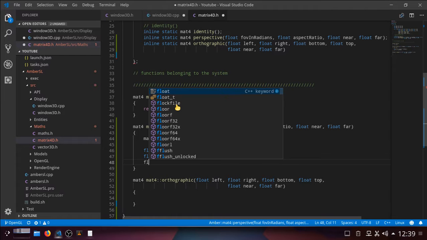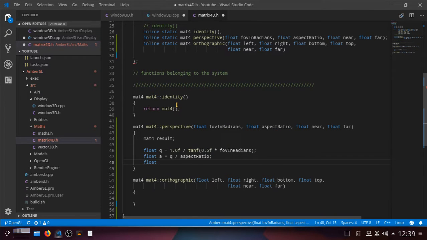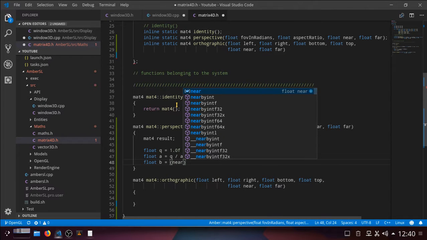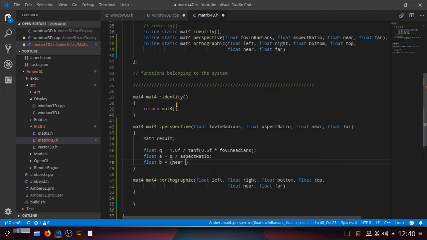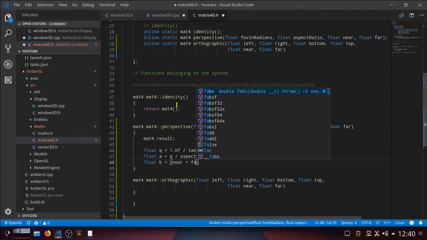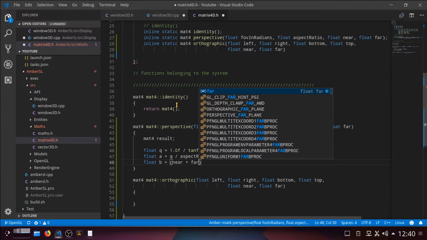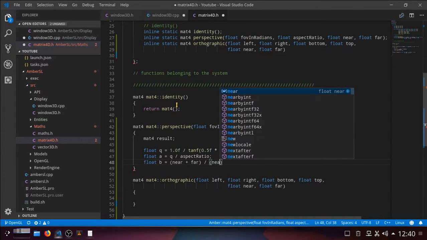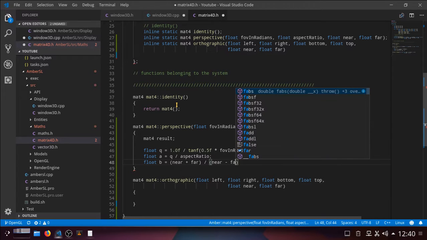B. It's just a variable name this time, it doesn't mean anything. B equals near plus far, divided by near minus far.